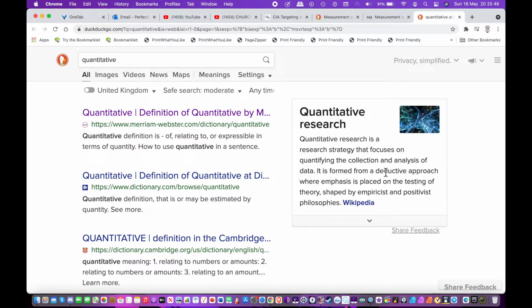Quantitative research is a research strategy that focuses on quantifying the collection and analysis of data. It is formed from a deductive approach where emphasis is placed on the testing of theory, shaped by empiricist and positivist philosophy.